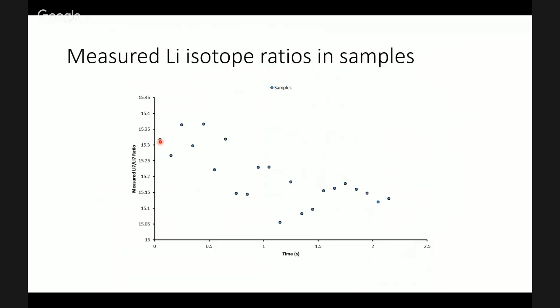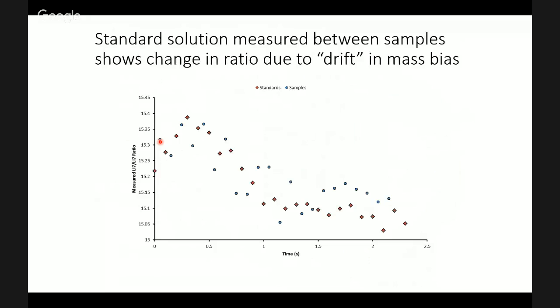So what we do is, in between each sample measurement, we have a measurement of a standard. The standard we know is the same as all of the other standards because it's a single pot of solution of dissolved lithium, so it can only have one true value. We can see that over time the fractionation of this standard in the mass spectrometer changes. It goes up and then it comes down.